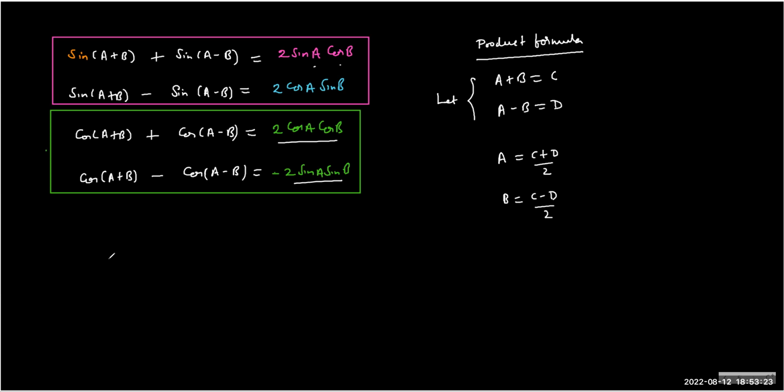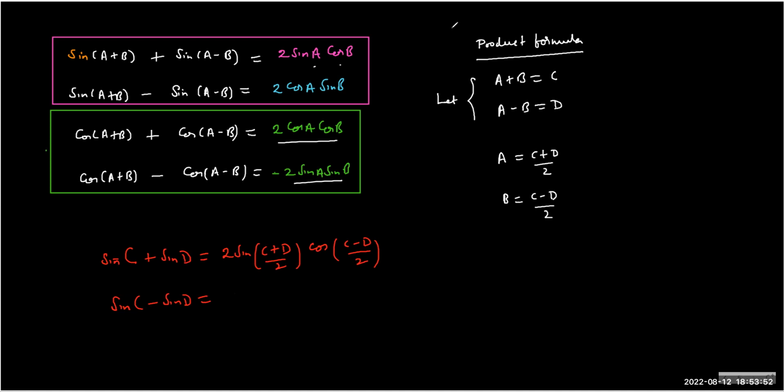So what can I derive? Sine C plus sine D. What is the answer, guys? 2 sine A cos B. Correct. And sine C minus sine D. The moment you subtract, what will be the answer?